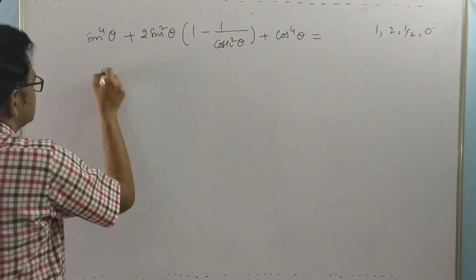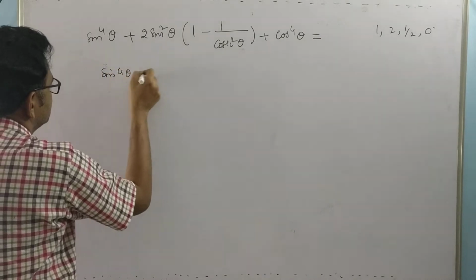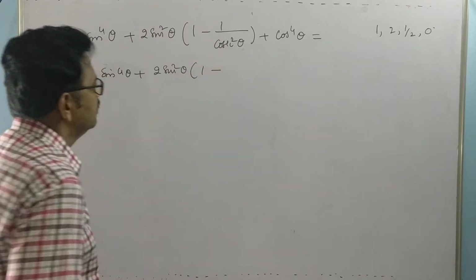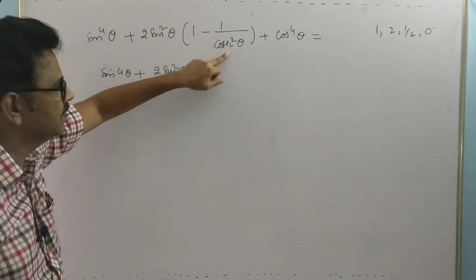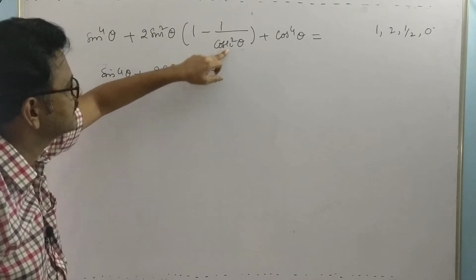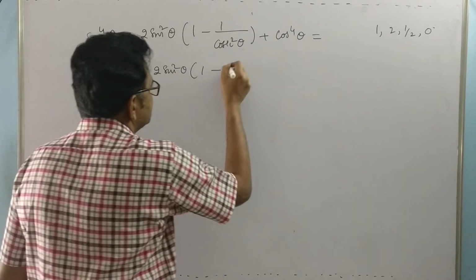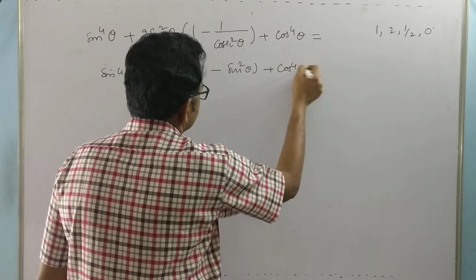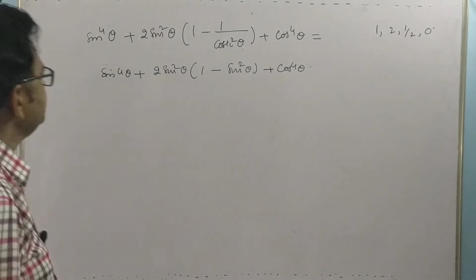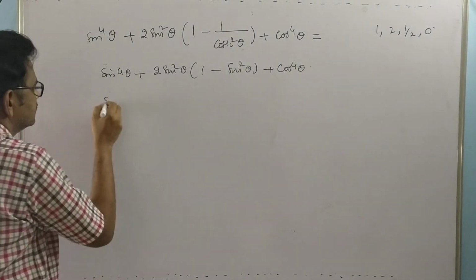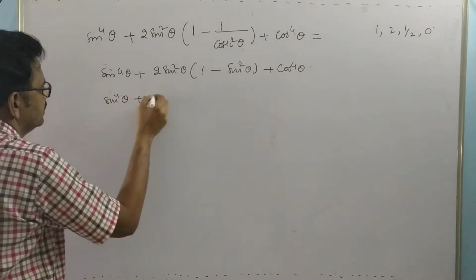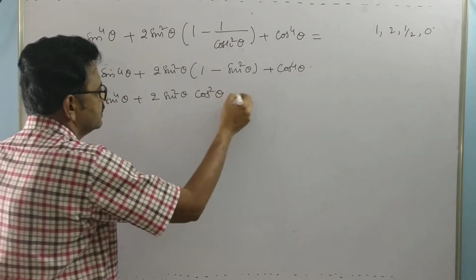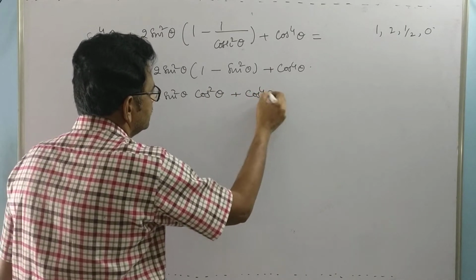So this is sine power 4 theta plus 2 sin square theta into 1 minus 1 by cosecant square theta. 1 by cosecant theta is sin theta. So this is sin square theta plus cos power 4 theta. So this is sin power 4 theta plus 2 sin square theta into cos square theta plus cos power 4 theta.